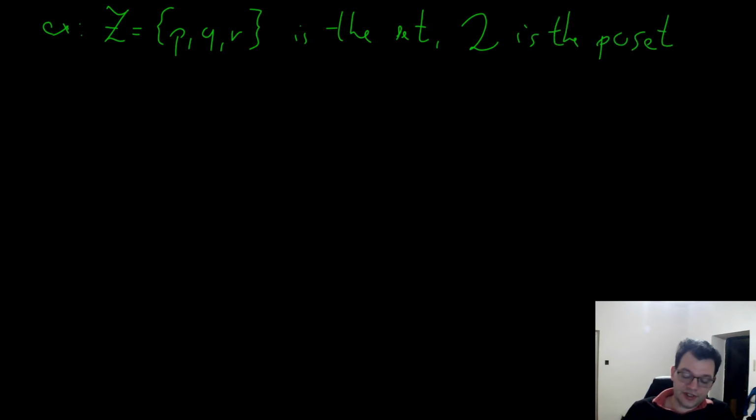So these guys have only 2 elements, so 2 is just 0 and 1. Okay, then 2 to the Z is what? We have functions which map to each of p, q, r a value. So these are basically variable assignments. So it's just Z to 2 functions.